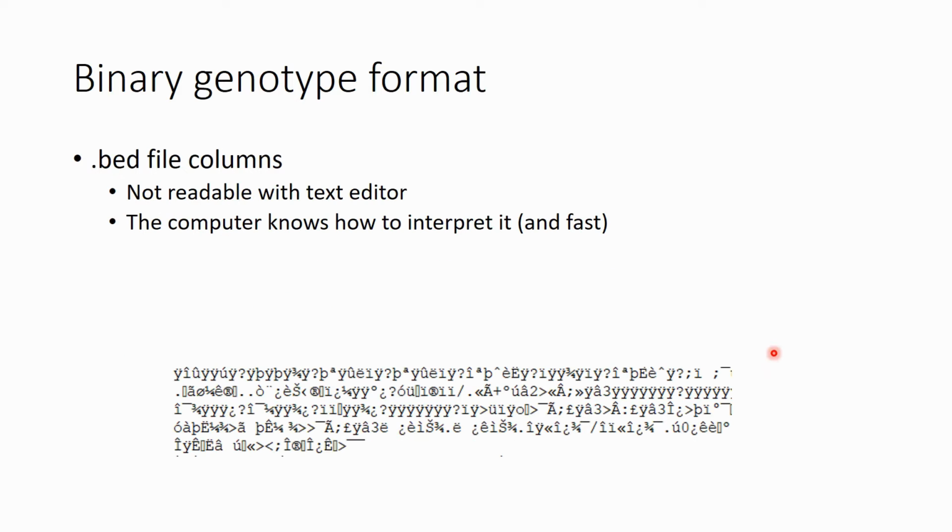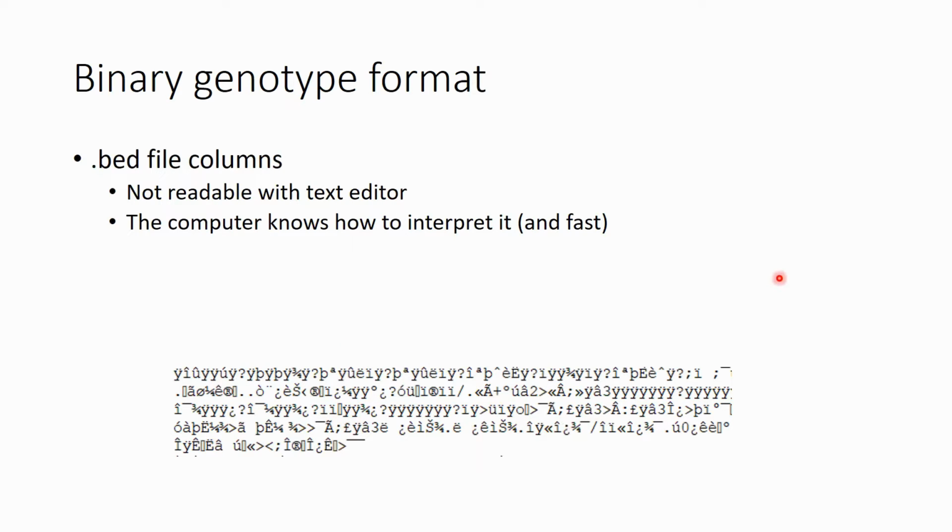The third required file contains the actual genotypes, but these are in a binary format, as the name suggests. So these are not readable by the human eye or with a text editor, and if you open it, you get this kind of gibberish.